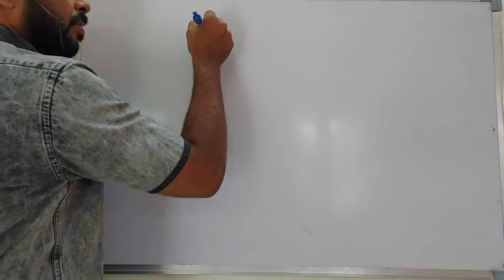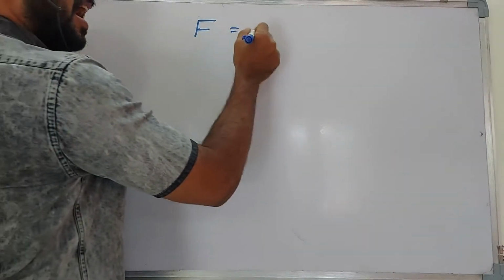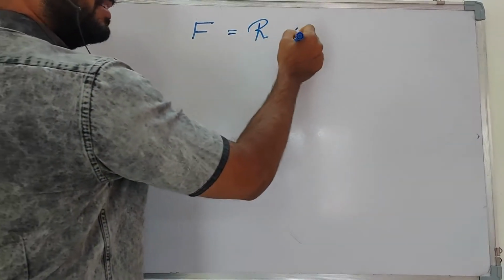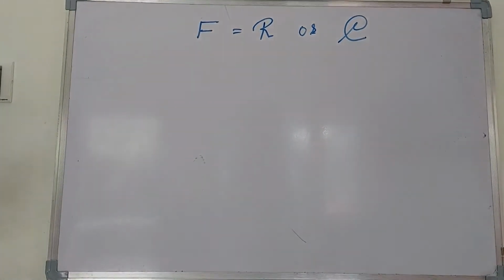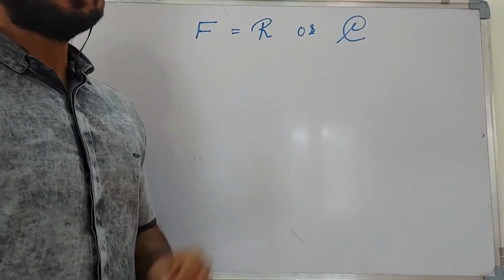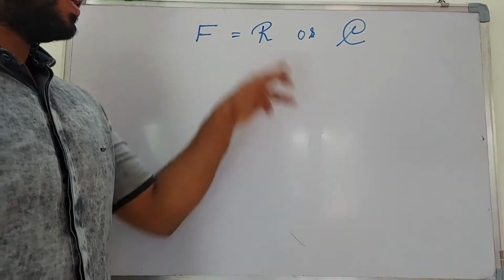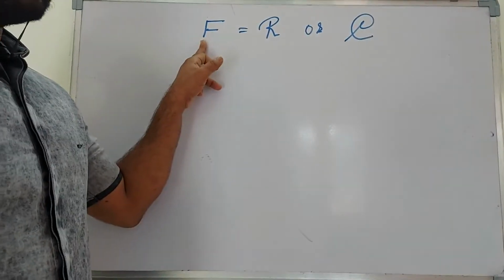Now we consider a set F. F is a field, and in the case of linear algebra, F is either the set of real numbers or the set of complex numbers. If F equals R, the set of real numbers, then F is said to be a real field.